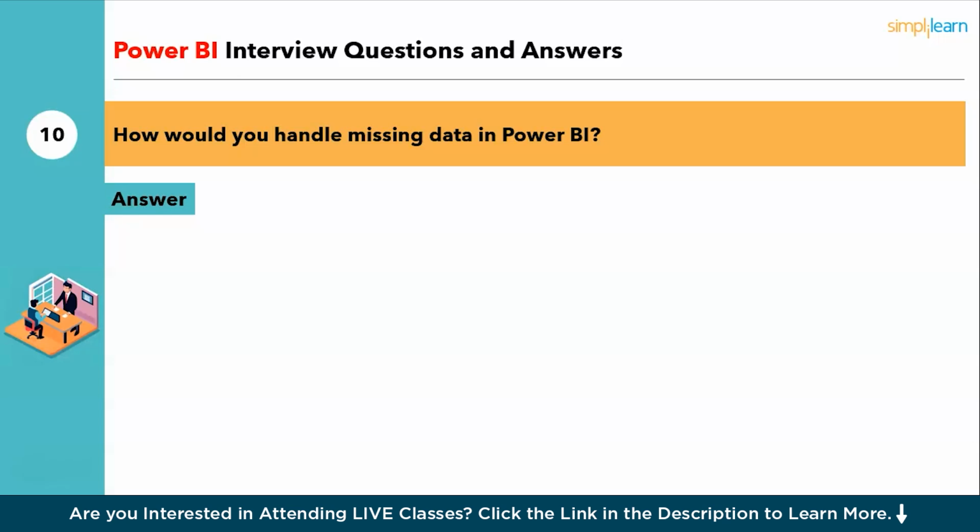So there are multiple approaches. Let's say you are going through some column which you feel is not mandatory to create your report, you can ignore those cells and you can just delete them. And in case there is a discrepancy in your existing data and you find that it is important, then you can always go back to the source who provided you the data, to complete it, to give you the right number.